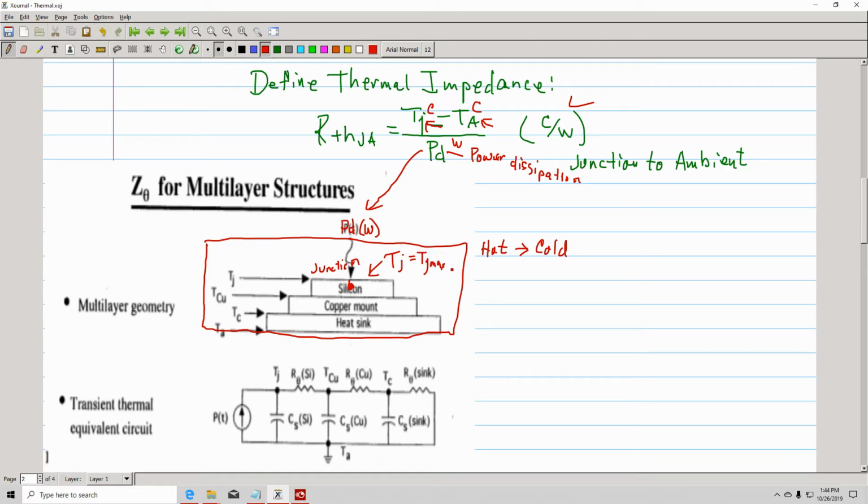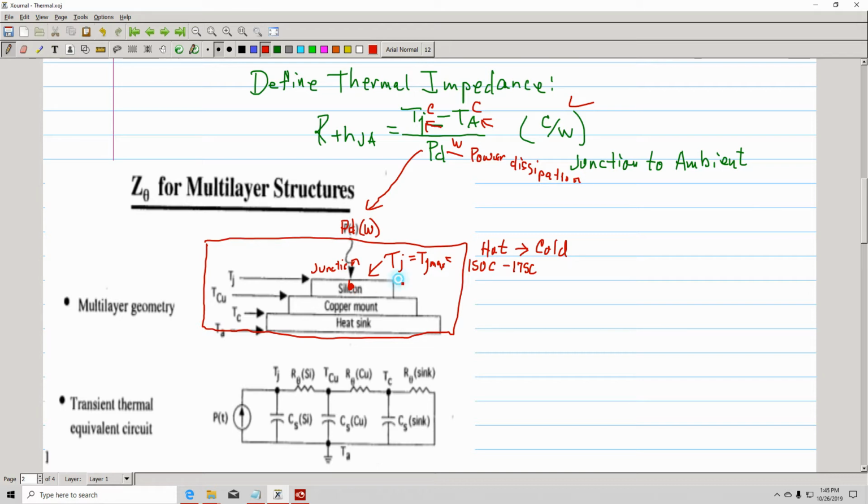some of the TJ maxes that I'm aware of are anywhere from 150 C, and I think they've seen them up to 175 C. On some of the other devices like silicon carbide, it may go even higher. But anyway, as you generate heat, it is going to go to the colder side.